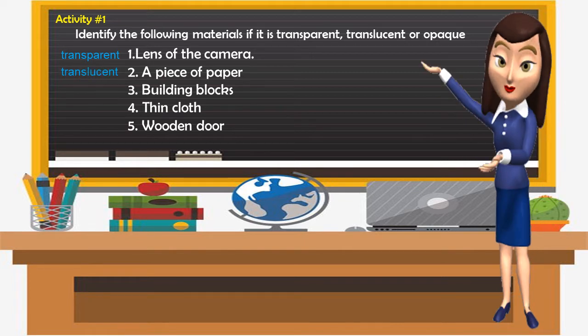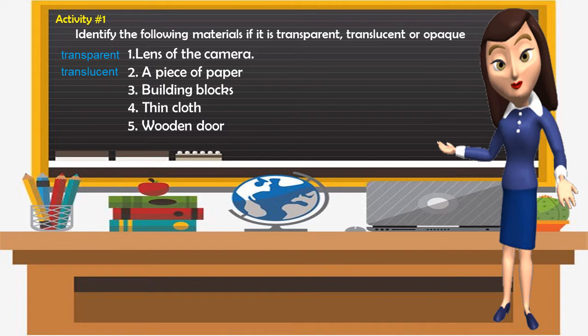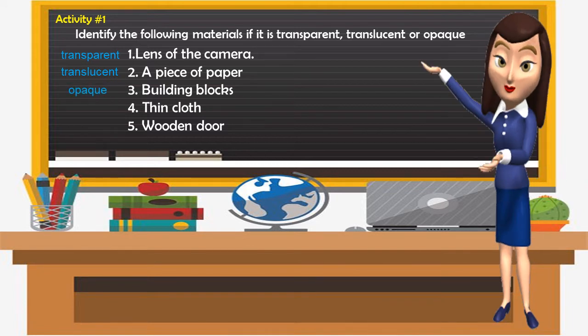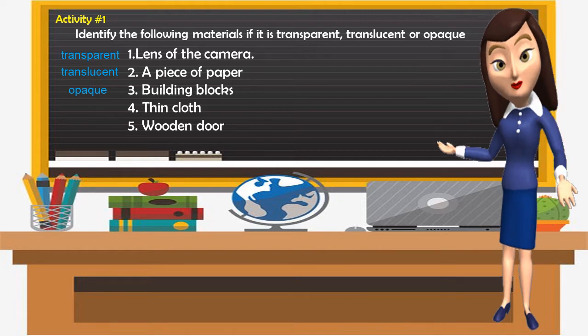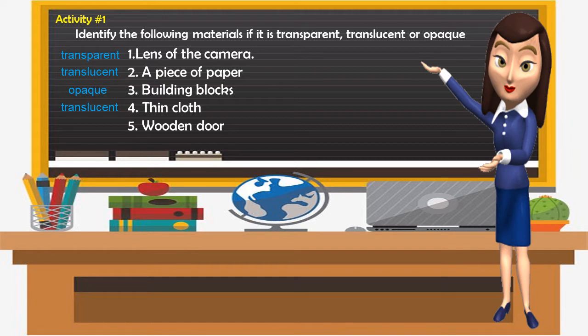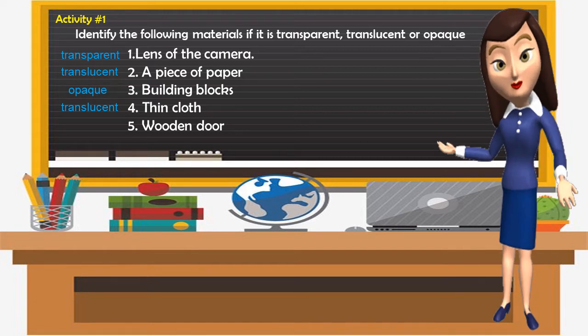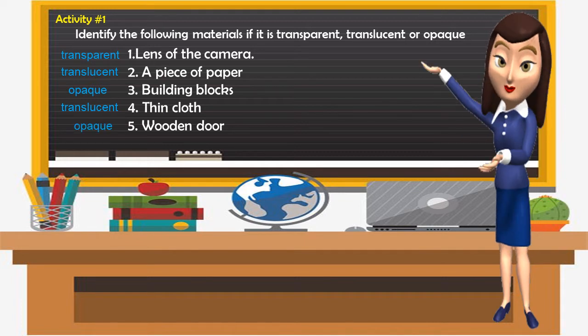Very good, it is translucent. Number 3, building blocks. That's right, it is opaque. 4, thin cloth. Very good, it is translucent. 5, wooden door. Very good, it is opaque.